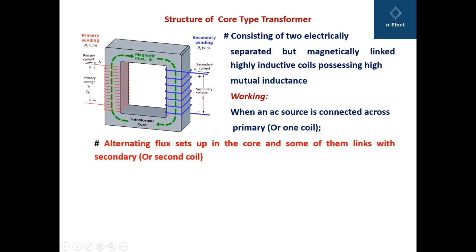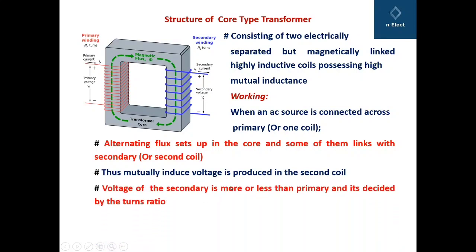Because this current will be alternating current because of the AC source. For half a cycle the current will flow like this, and for the second half cycle the current will flow in the opposite direction. Because of the alternating current, alternating flux will be generated which will link with the secondary or the other coil. Thus mutually induced voltage is produced in the second coil or secondary coil.